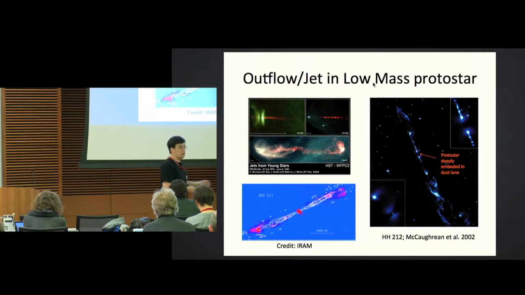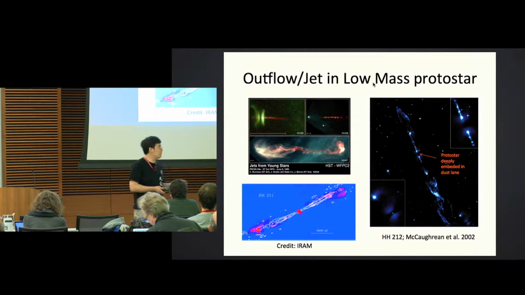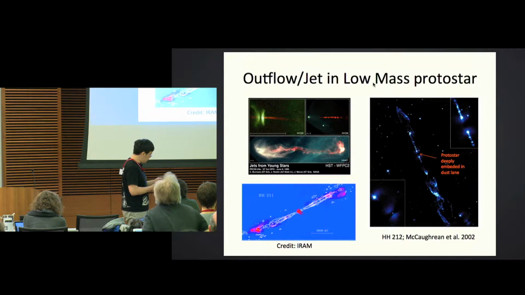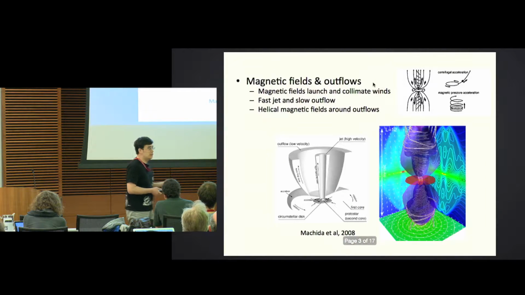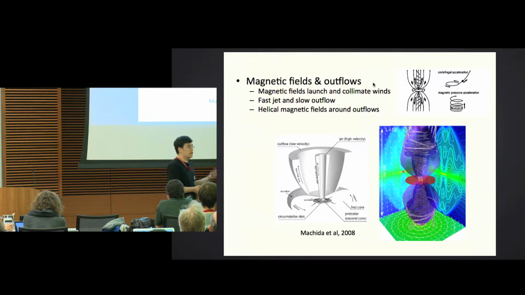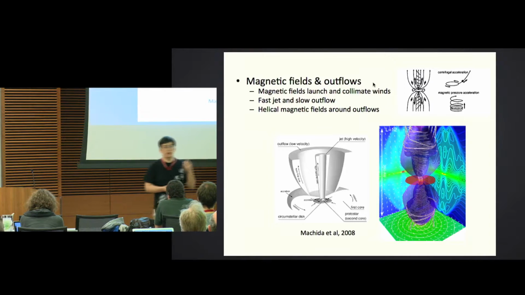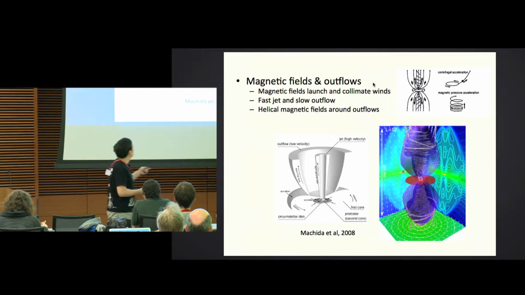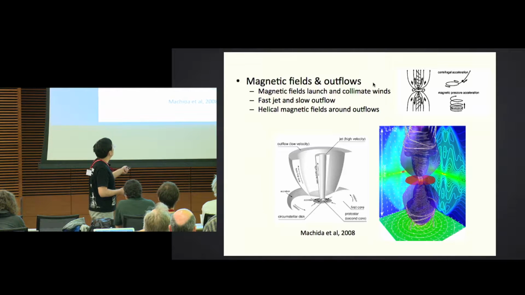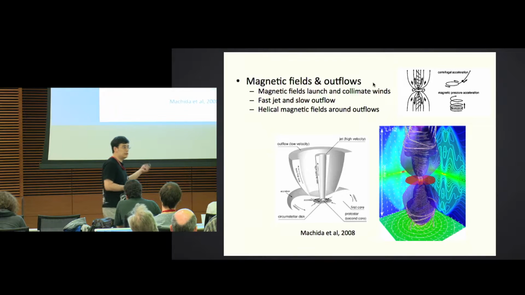So it is interesting to know how this outflow is launched and how it is collimated at this large scale. In theory, people believe that the magnetic field plays a significant role in launching and aligning this outflow. In the disk plane, you will have this poloidal or hourglass structure.